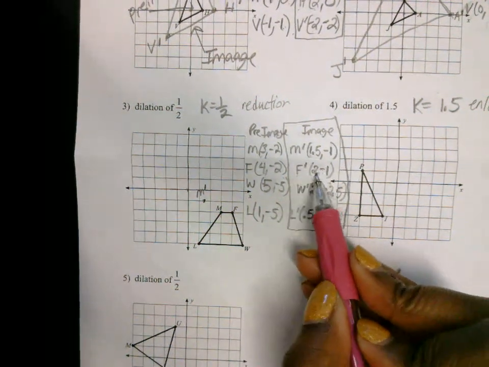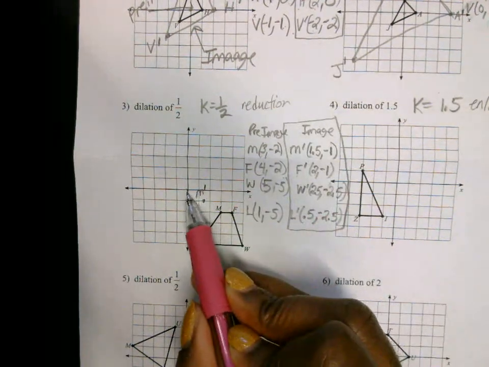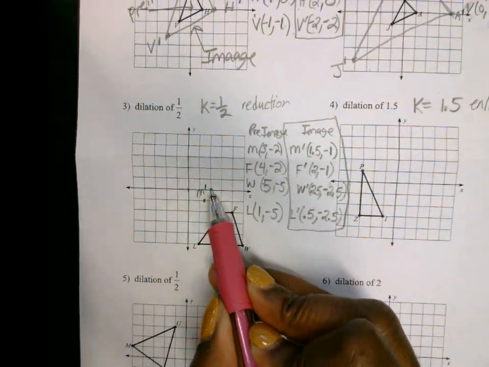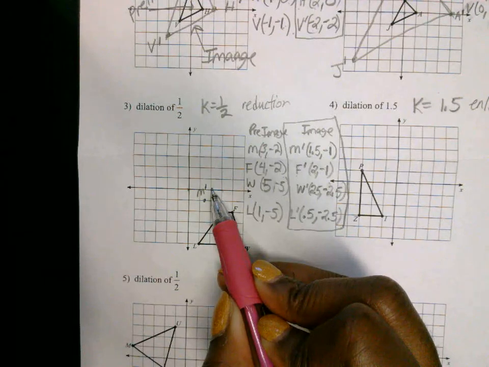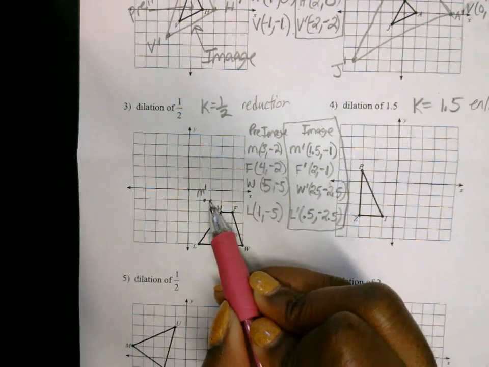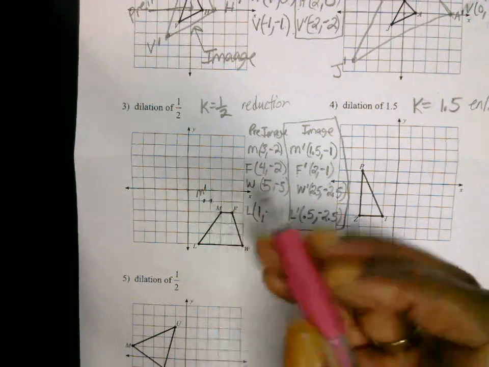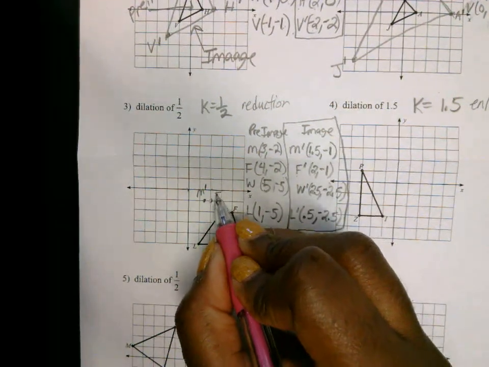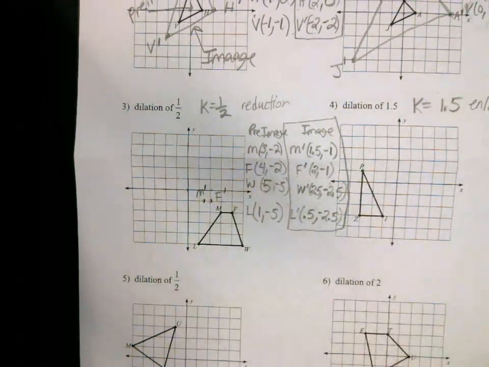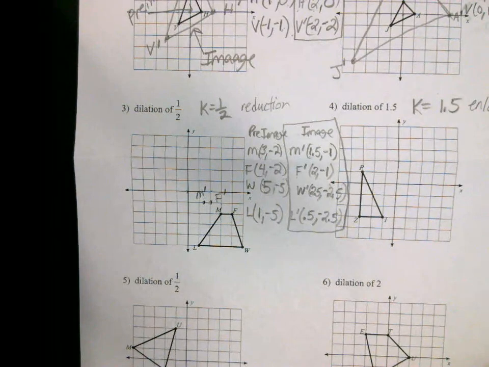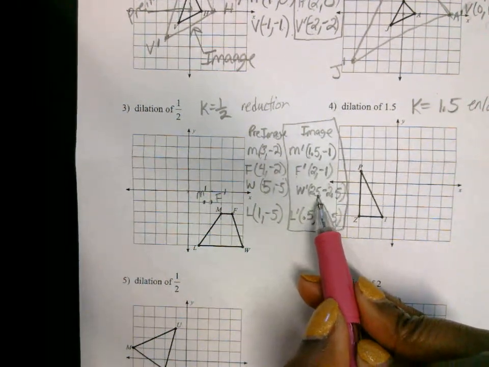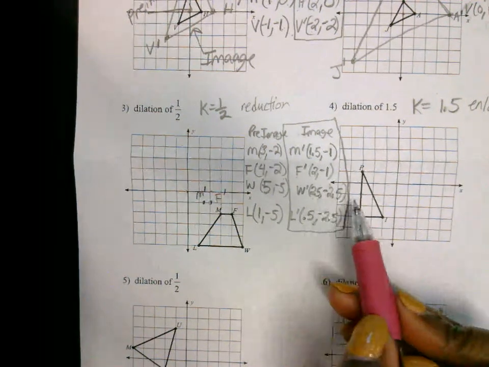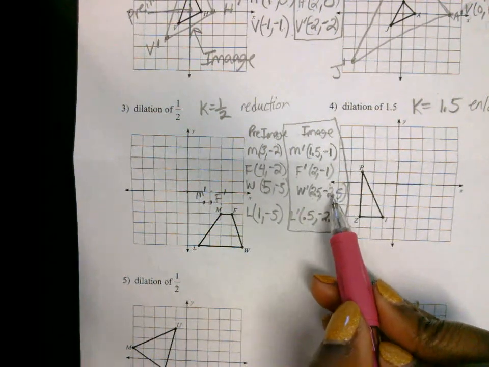F, 2 comma negative 1. So go over 1, 2, and down, negative 1 right here. Oh, it's going to be really small. F prime. W, 2.5 and negative 2.5.